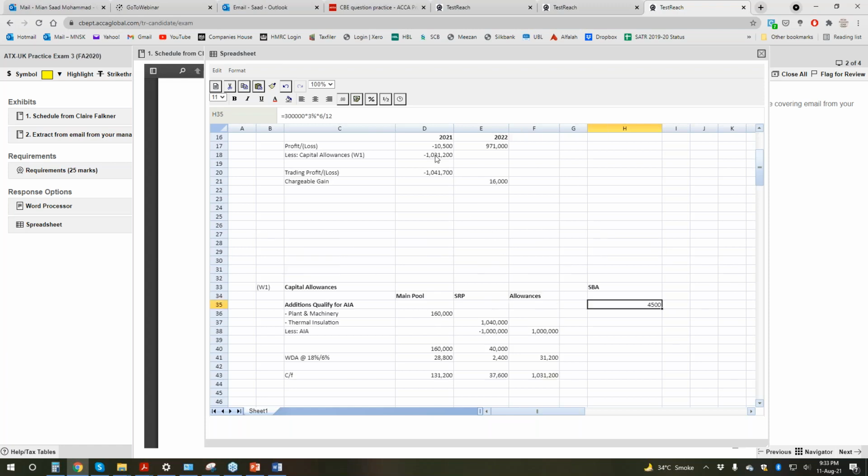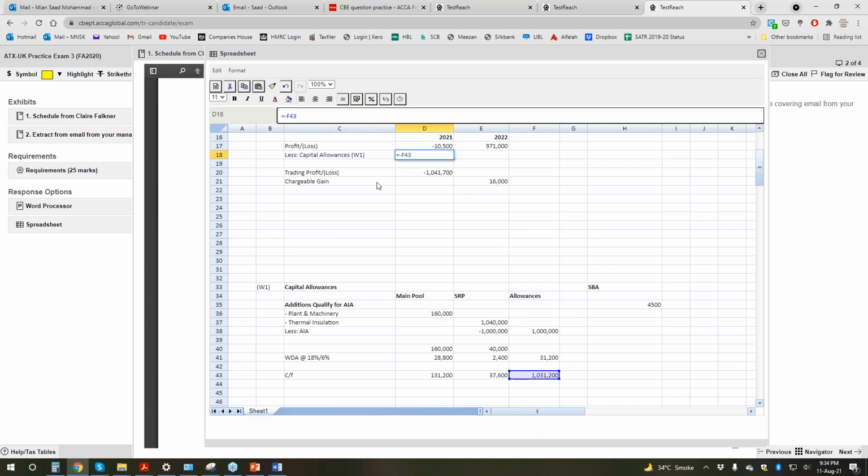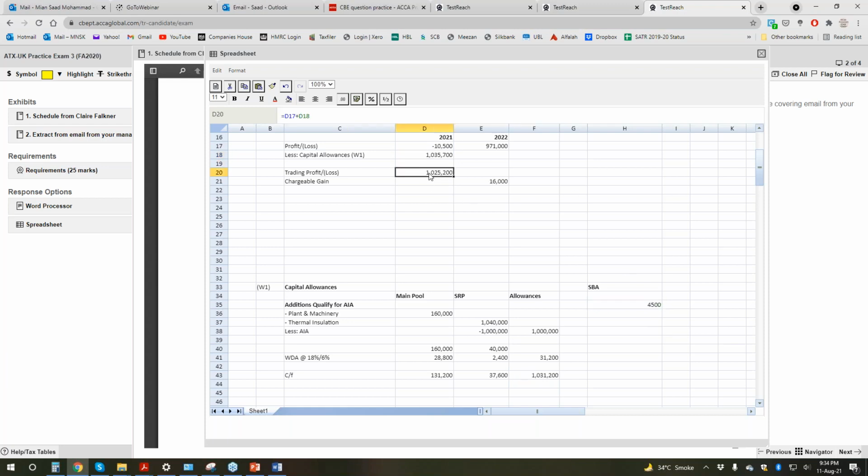So the total allowances will be this plus this. And here I have to press. So this will be my loss.